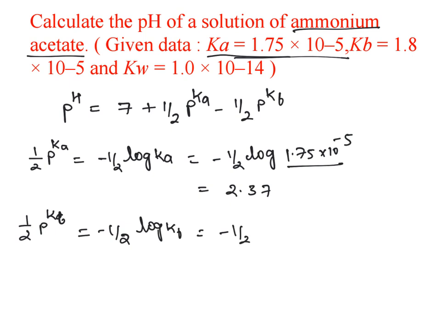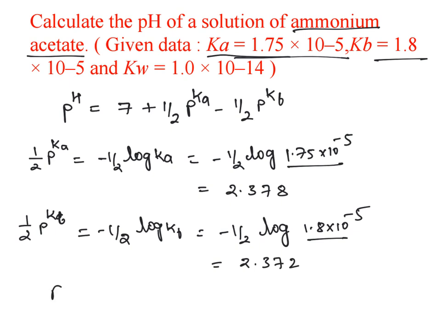What is the Kb value? 1.8 into 10 power minus 5. So this is approximately 4.744 by 2, which is 2.37.